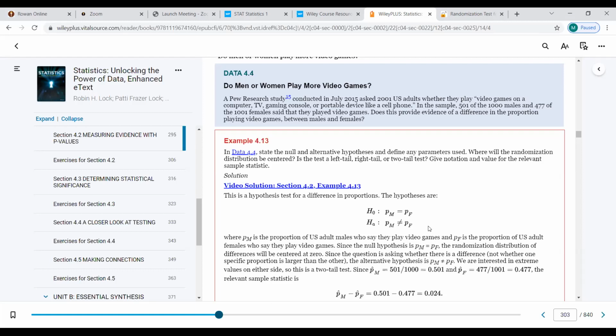Now, what are we going to do? Well, let's see if we can find this particular case in StatKey. So it's a video game example, so let's go back to StatKey.